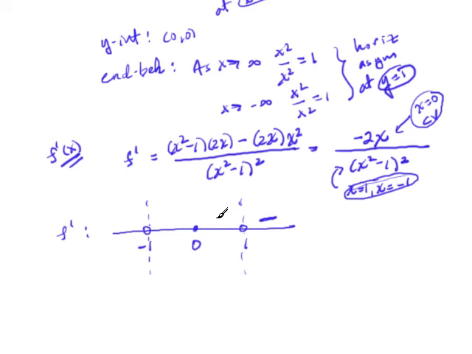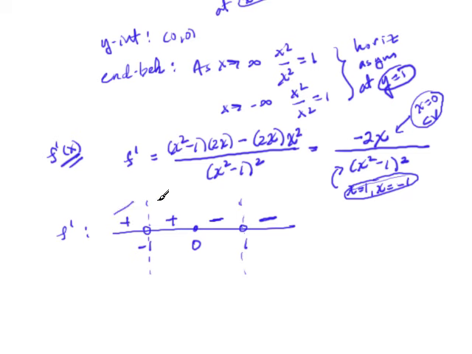Let's say we substitute in 1/2, still negative. We substitute in minus 1/2, then the numerator is going to be positive, so that'll be positive here. And let's say we substitute in minus 2, again, numerator is positive, denominator is positive, so positive.